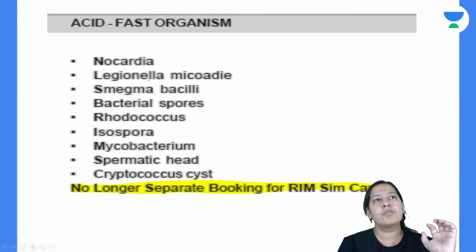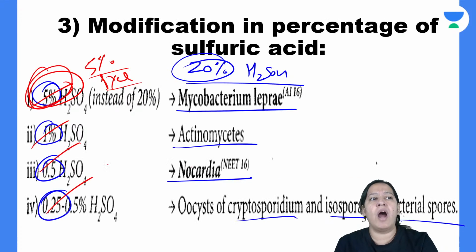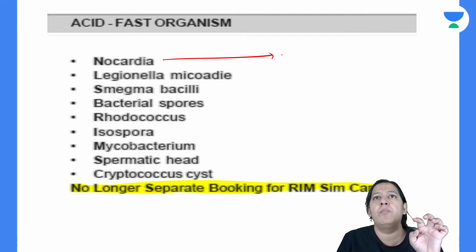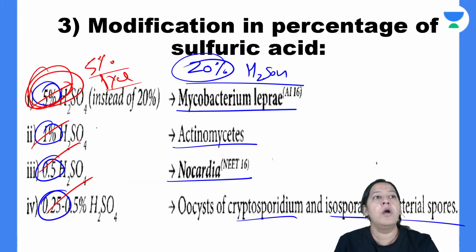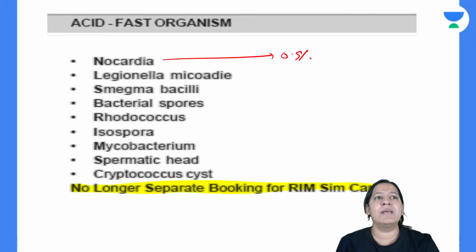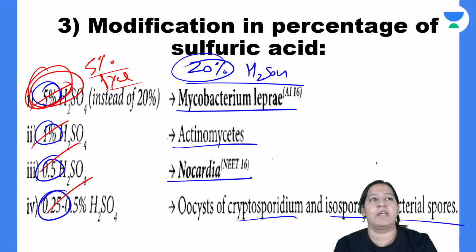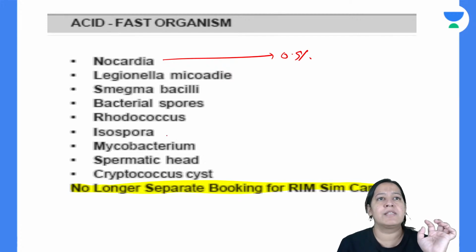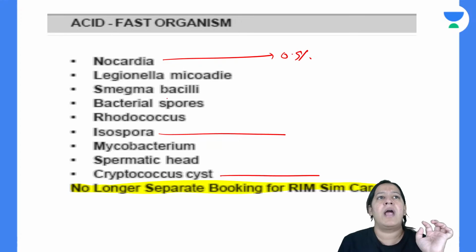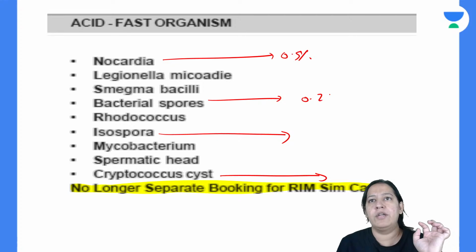So out of these, Nocardia is 0.5%, so write 0.5% here for Nocardia. Actinomycetes is 1%. In this mnemonic I have not included actinomycetes actually. And Cryptosporidium, Isospora and bacterial spores, these three will be 0.25%, 0.25 and 0.25.